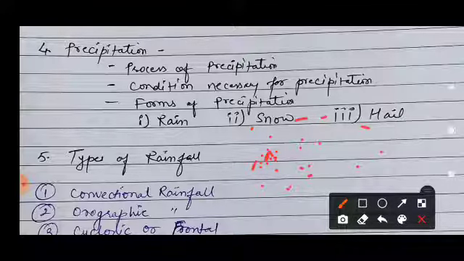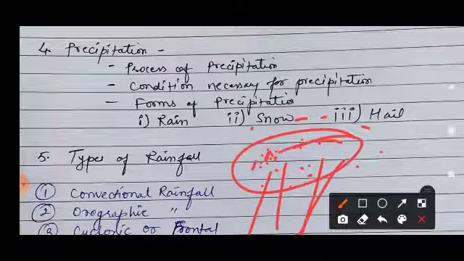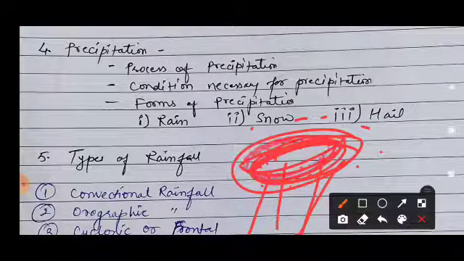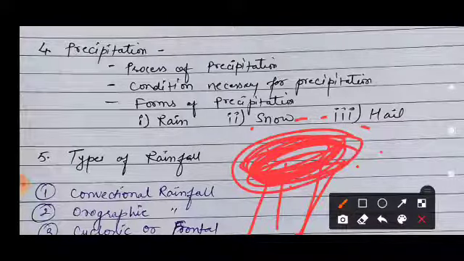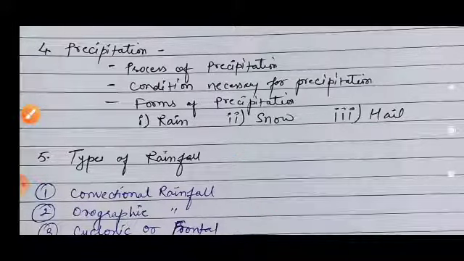When they get saturated, meaning filled to their capacity, they fall in the form of precipitation. So this is also the process of forming clouds, and this is the process of precipitation.